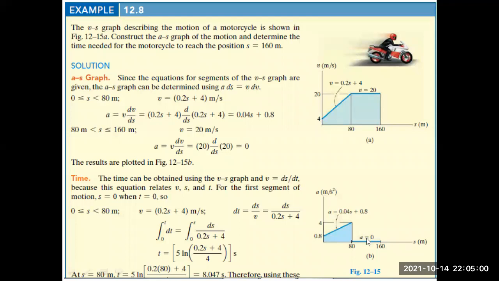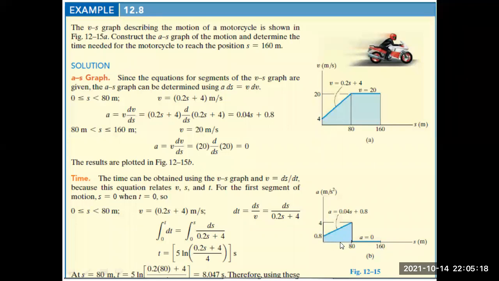Okay, it's clear. What else is left? Determine the time needed for the motorcycle to reach 160.